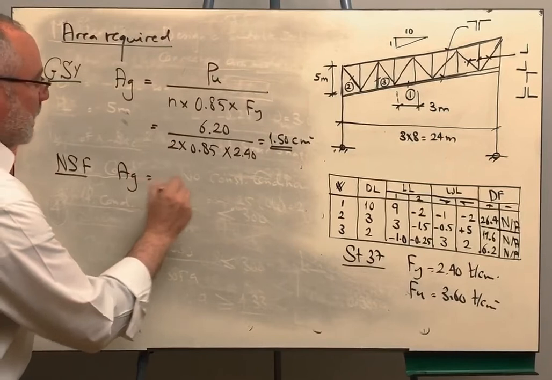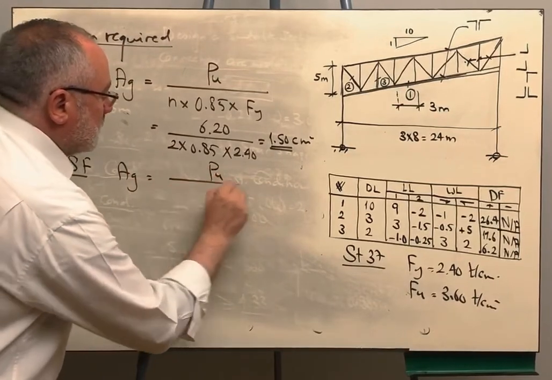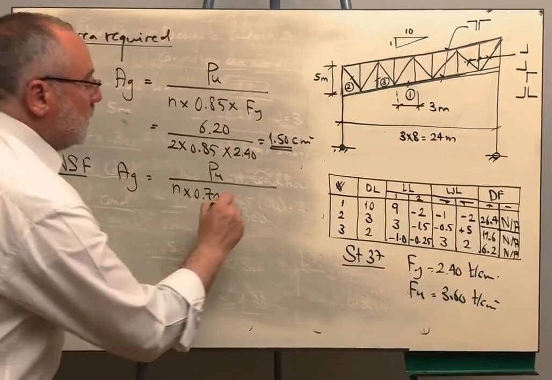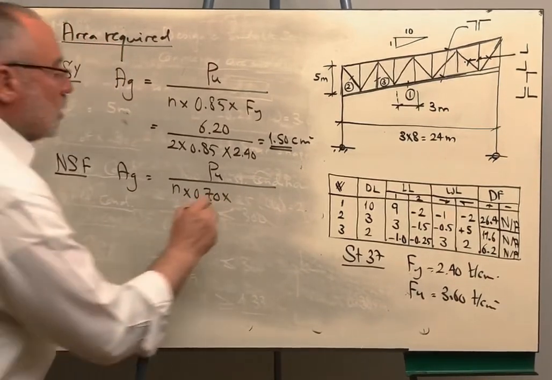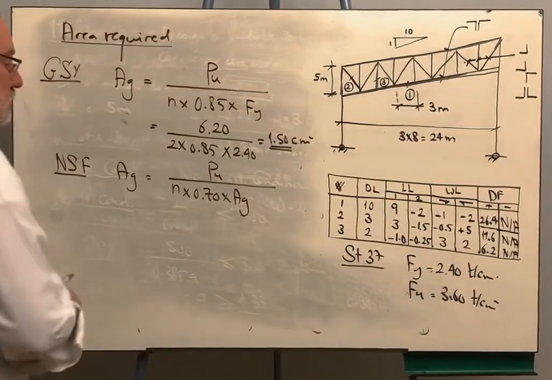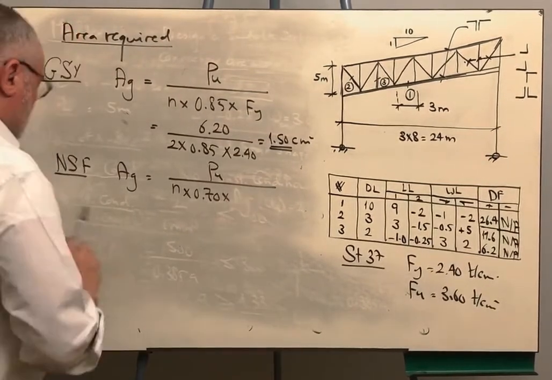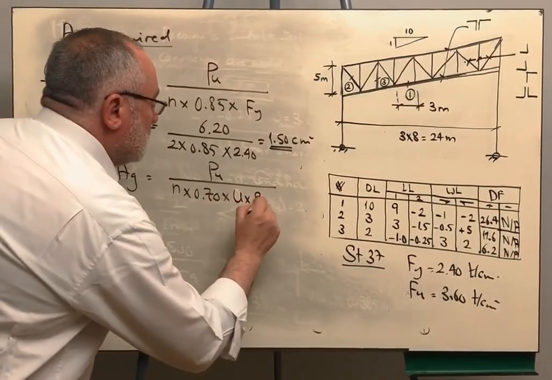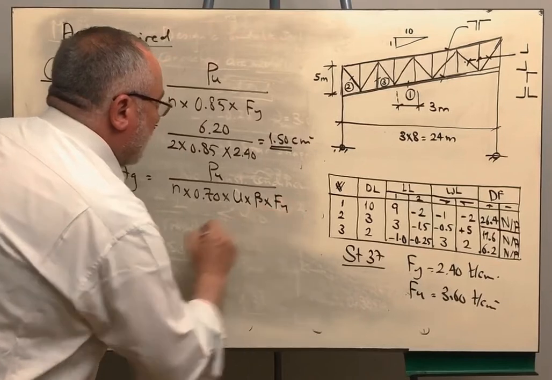For the net section fracture, the gross area of the angle will be P ultimate over N times 0.7 times U times beta times F ultimate.